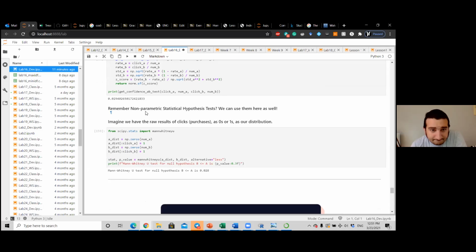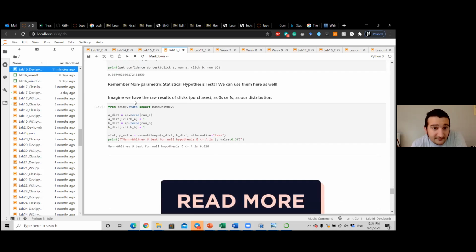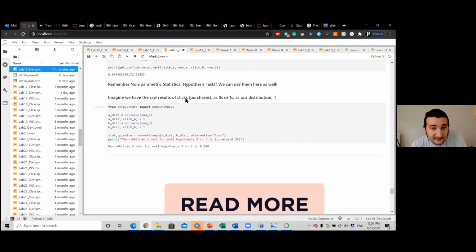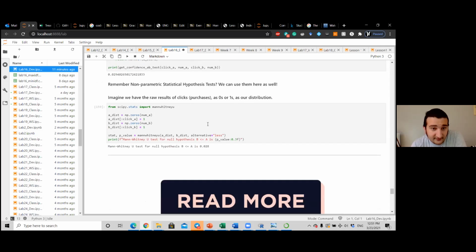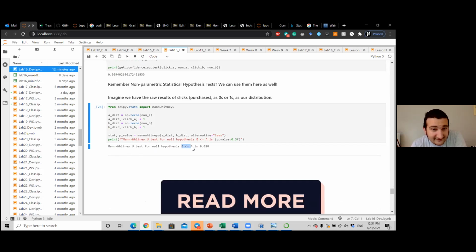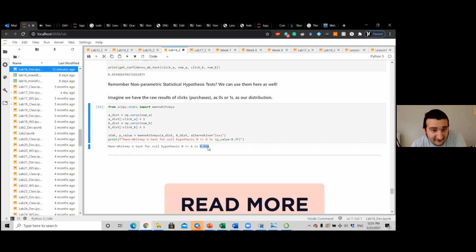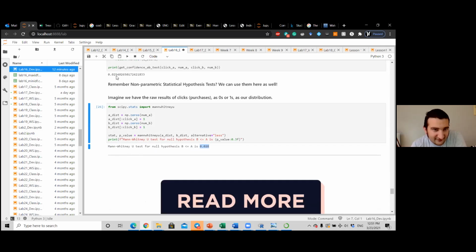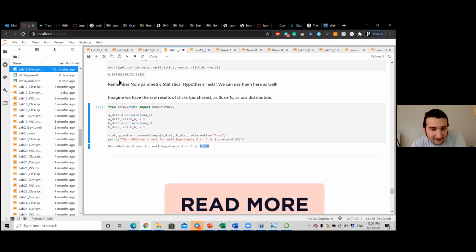And remember the non-parametric statistical hypothesis tests that we discussed last week? We can use them here. So imagine we have the raw results of clicks and purchases as zeros and ones in our distribution. I can actually run a Mann-Whitney U-test for the null hypothesis that B is less than or equal to A and get a p-value of 0.28, which is very close to the one that we calculated up here.